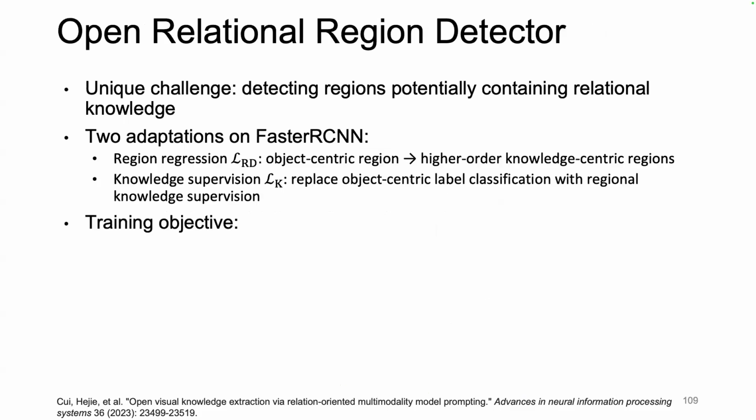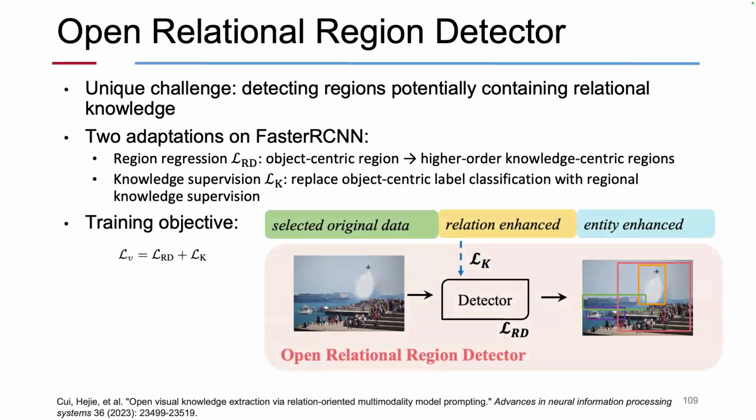The second, more important thing is a free, open-world relational region detector. The idea is in the dataset we use, we only have bounding boxes for specific objects, not really for relations, but in this project we want to find the relations.